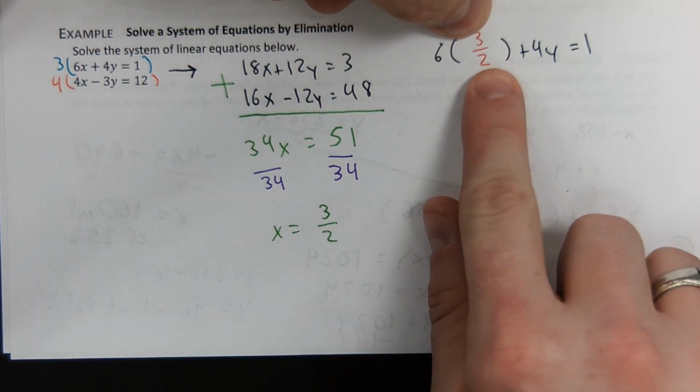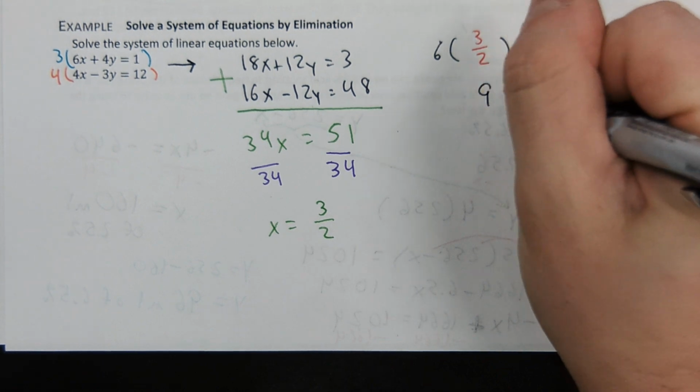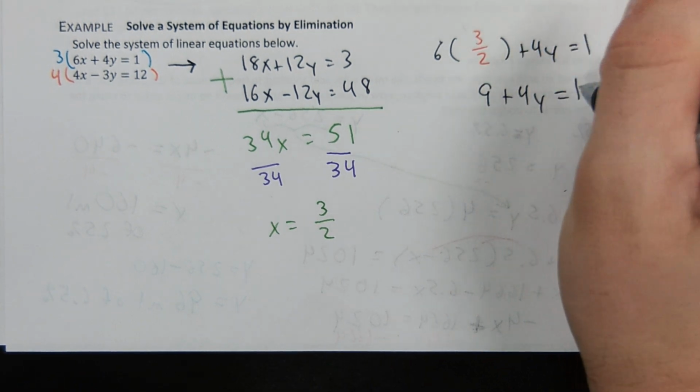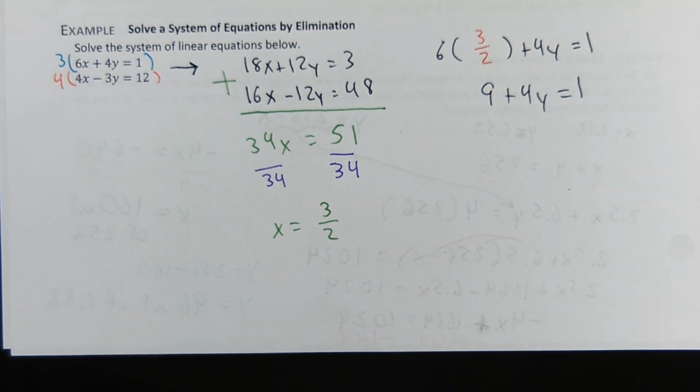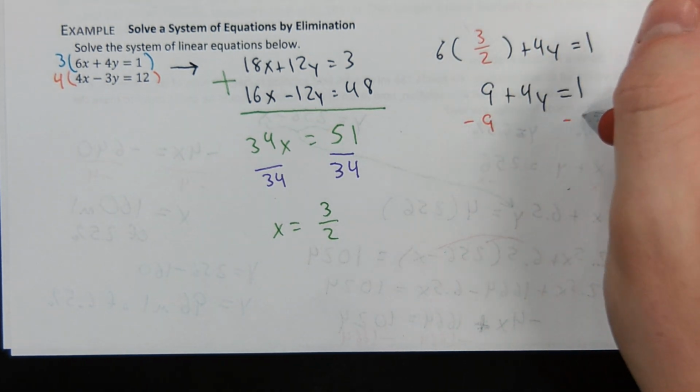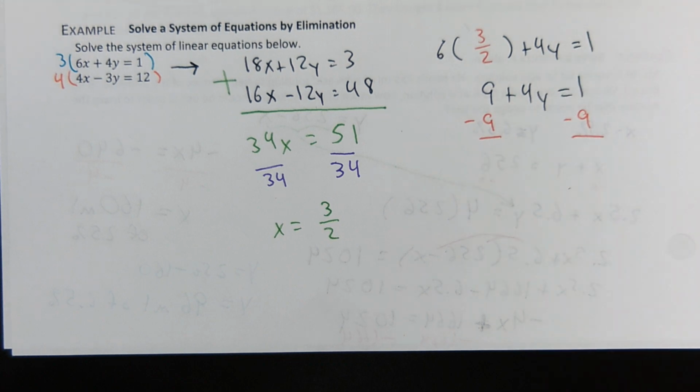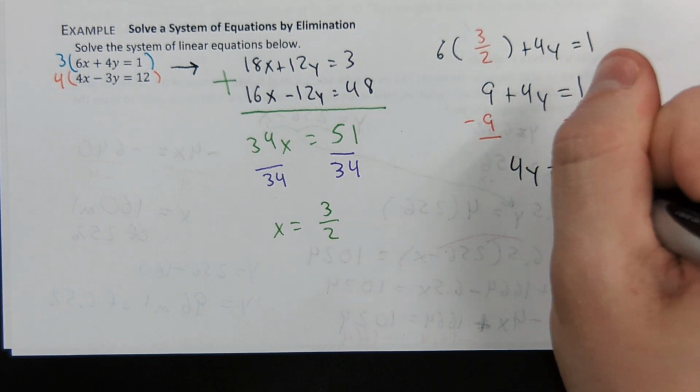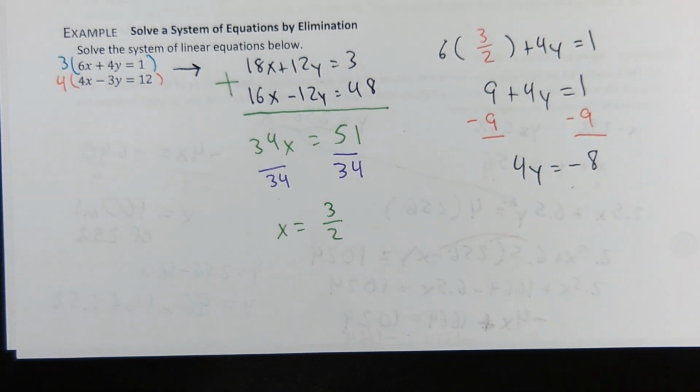And 18 divided by 2 is 9. Just get y by itself. Divide by 4.